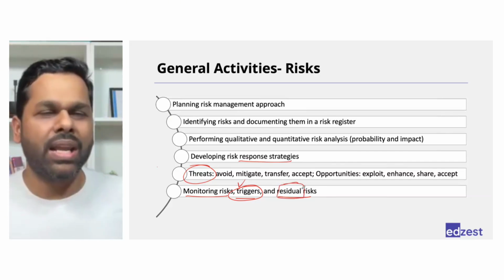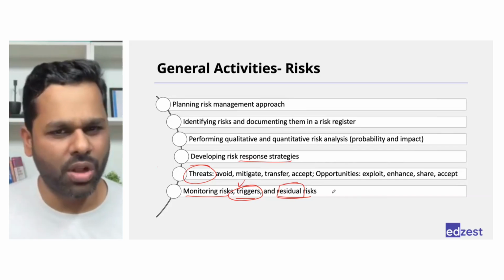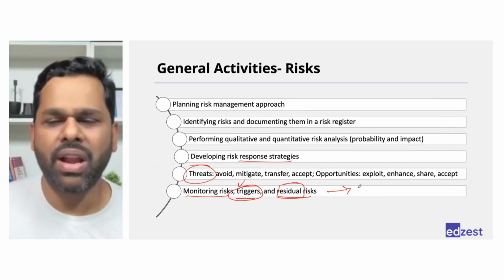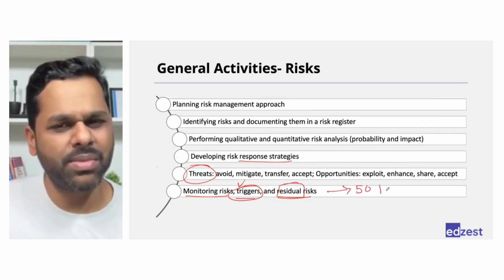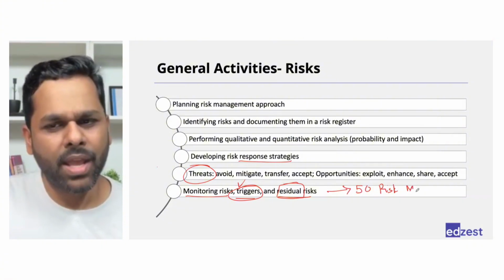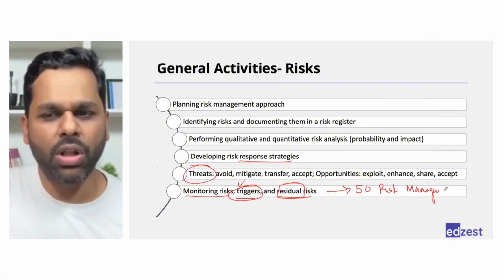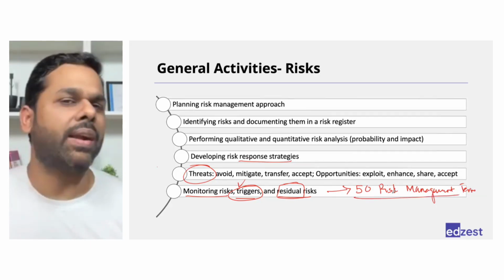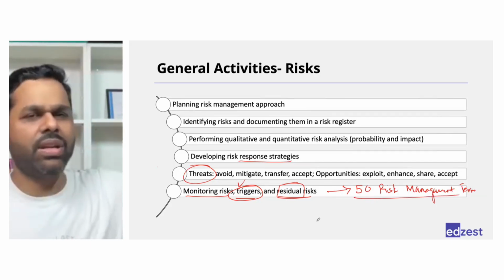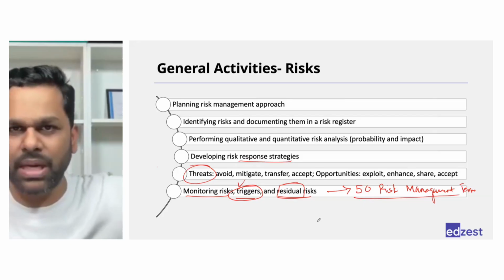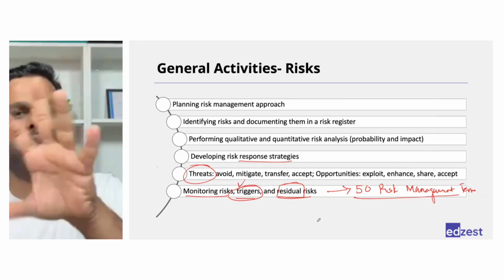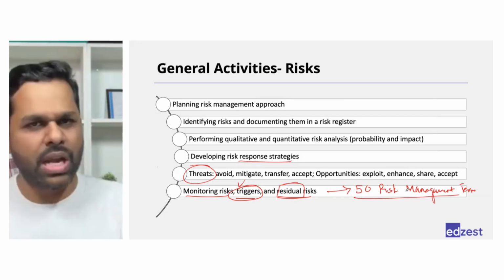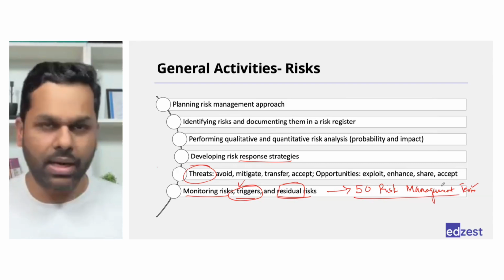Right? Now, in risk management, there are multiple other terms also. There's a video that I have done where I have discussed around 50 risk management terms. Okay, you don't have to remember all these 50 terms, but it'll be a good practice to just have a look at it. Or run the video at 1.25, 1.5 times speed and pause for those terms which you don't know. You could do that. It's on YouTube. I'll send the link separately.